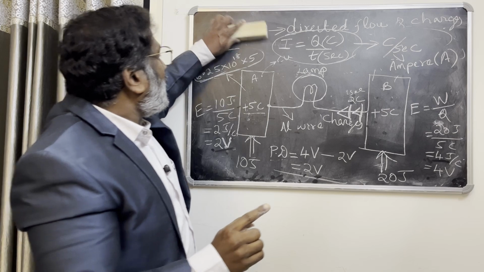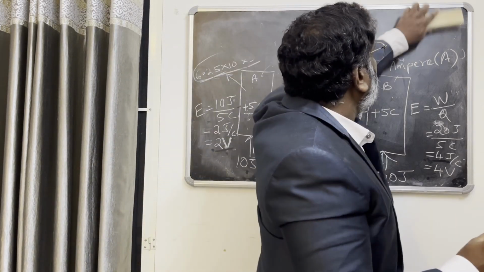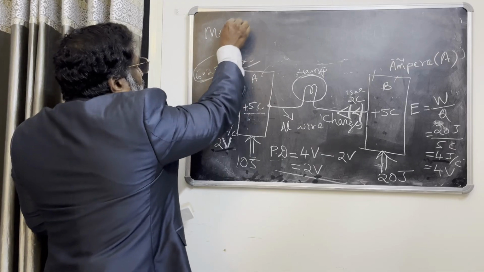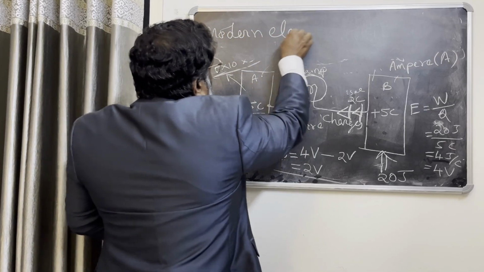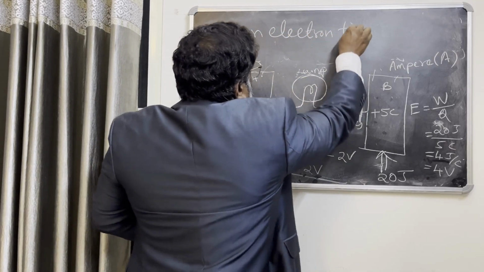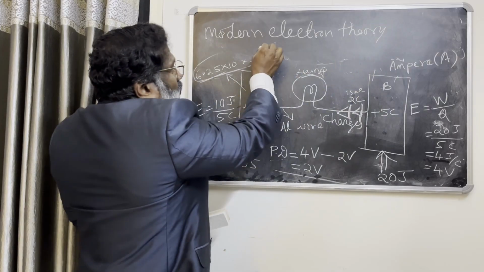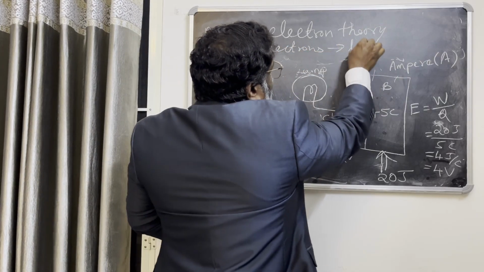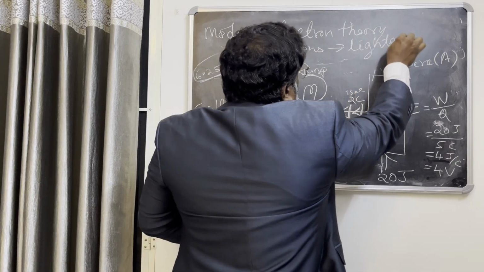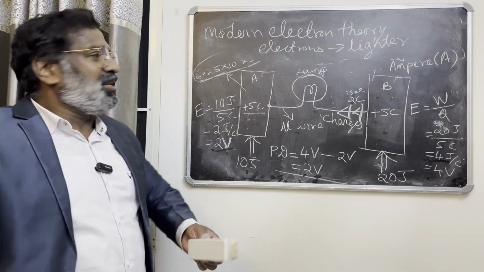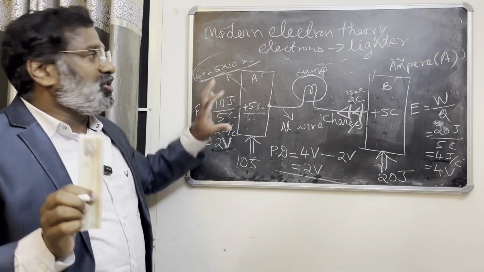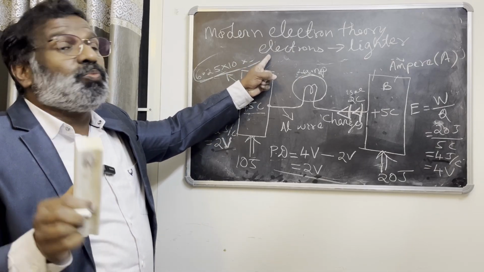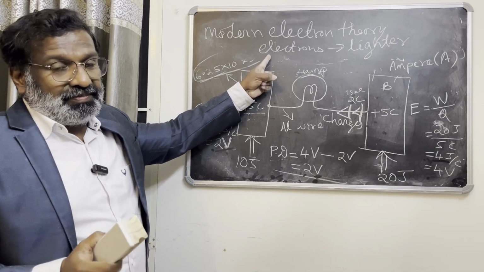But after modern electron theory, we came to know that electrons are lighter particles. Its mass is very less compared to the mass of positive charges.